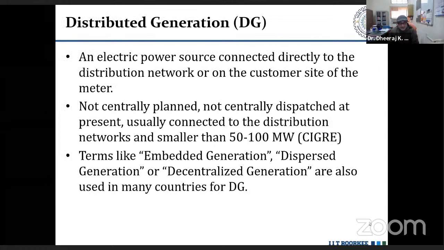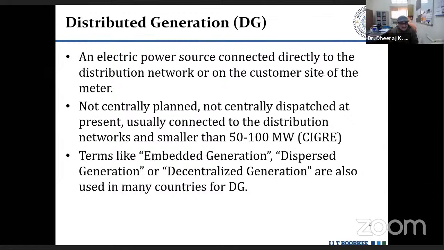So we can define DG as a small source of electricity which is connected directly to the distribution network or on the consumer side of the meter. Different organizations and agencies have defined DG.